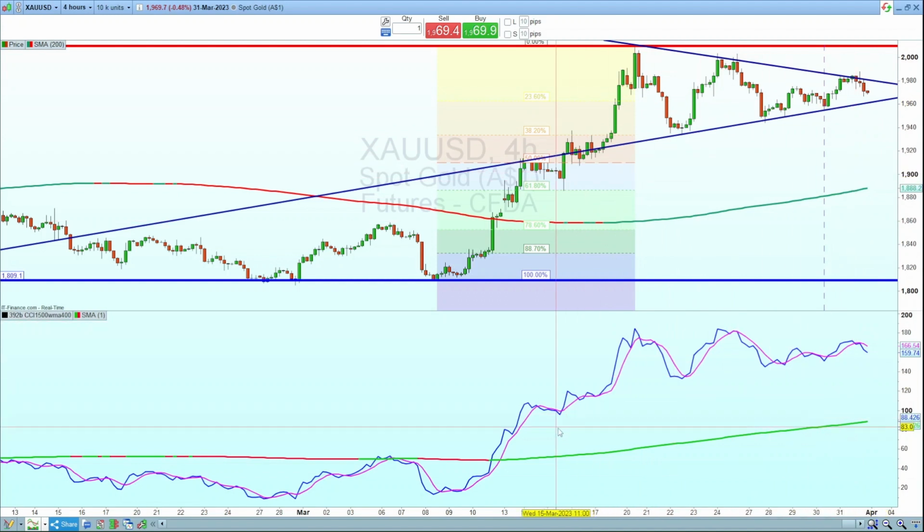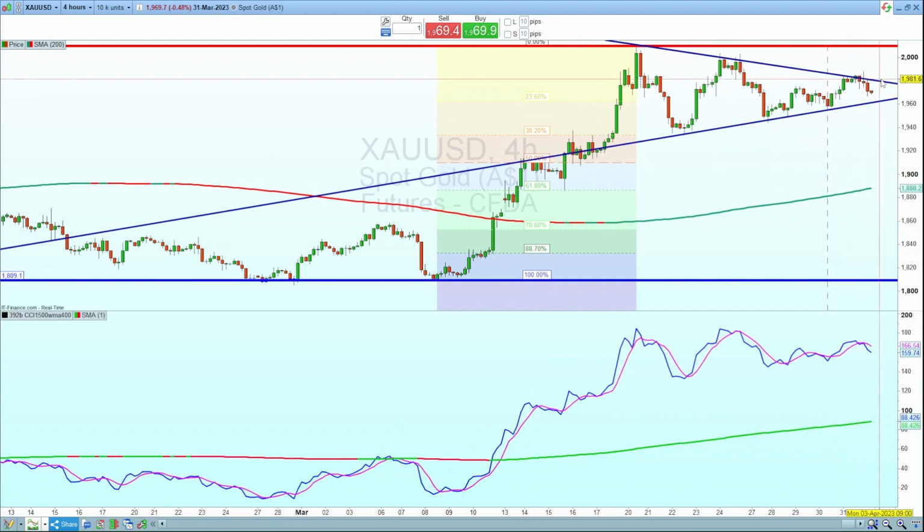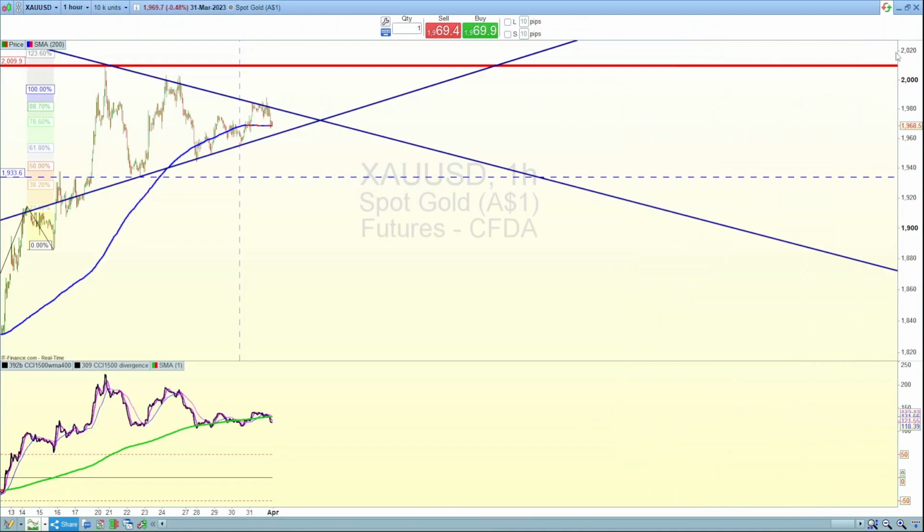So again, the CCI is in an uptrend, so that's a bullish sign, although you can see it's sort of leveling off and going flat, and I'll show you that in a minute on the hourly. So we want to see a break to the upside of one of these descending trend lines more confidently, whether it's an upside or a downside, to be more confident about where we're heading. So let's discuss that on the hourly chart.